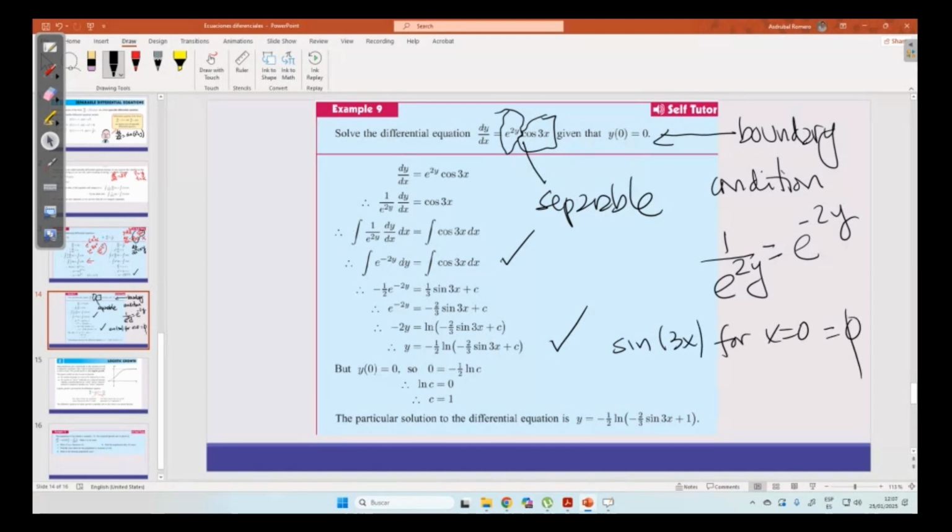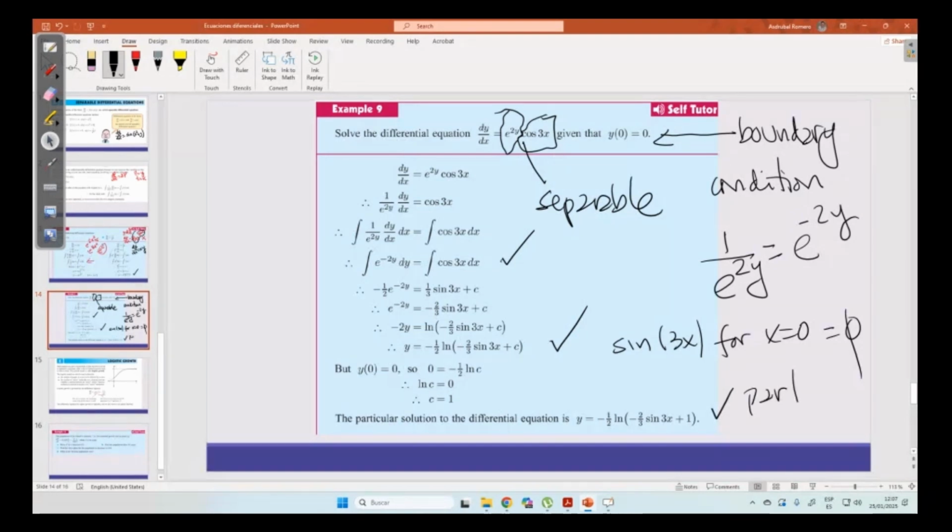Then all of this is going to go, and it's going to have minus 1/2 natural logarithm of c. That means the natural logarithm of c is equal to 0. That means c equals 1. And then you have the result. This is the particular solution.